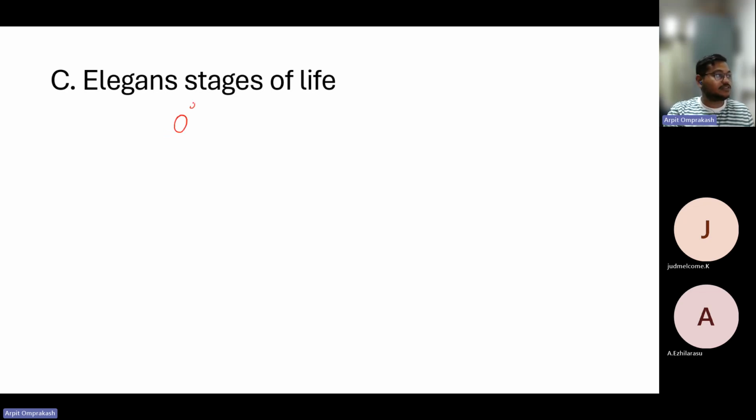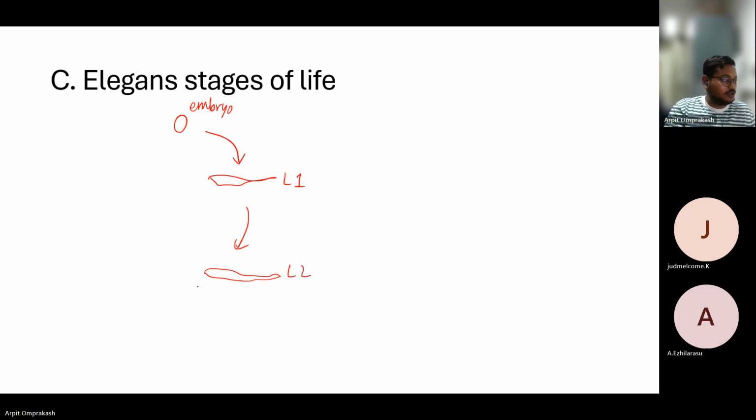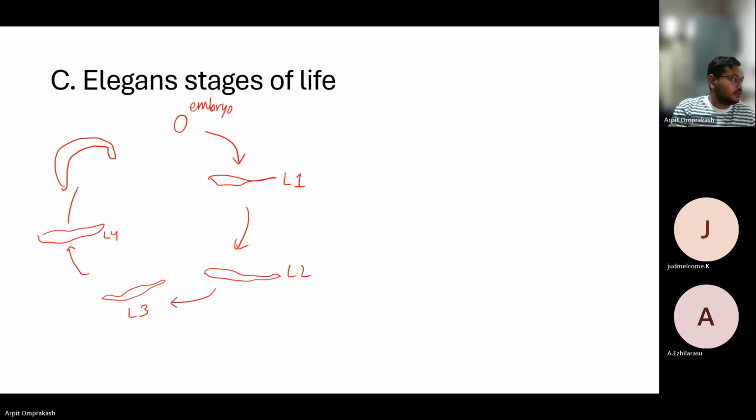It has different stages of life, starting with an embryo, then an L1 phase, followed by L2, L3, L4, and then an adult phase, which again gives rise to the embryo.